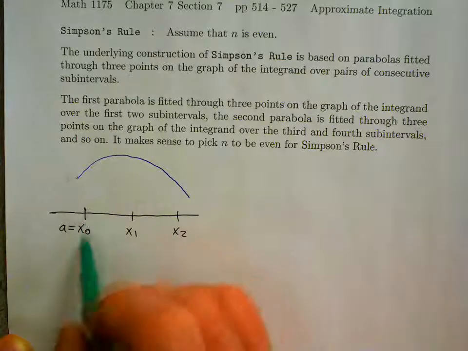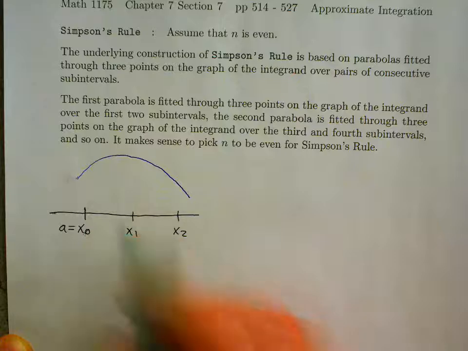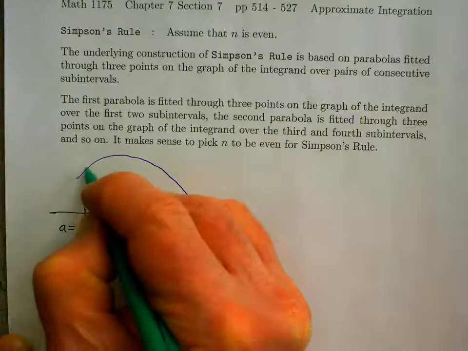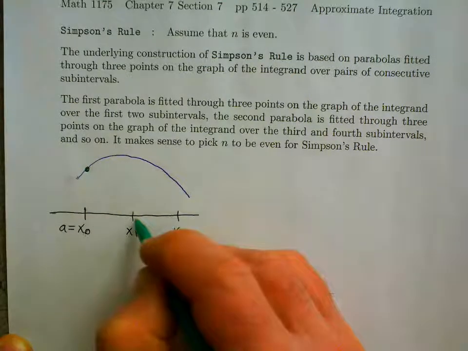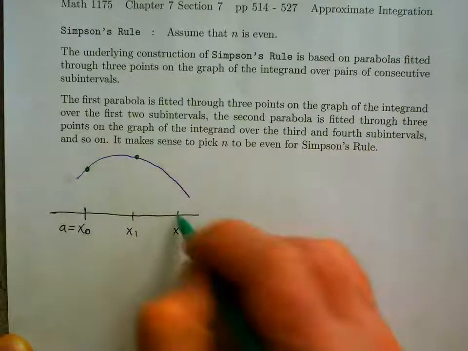And then points on the parabola corresponding to x sub 0, x sub 1, and x sub 2 are here, here, and here.